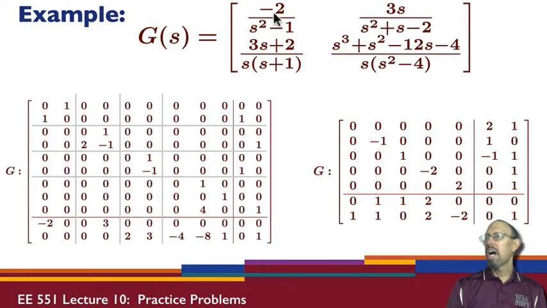Here I have a transfer function matrix, and I want to get a state model for this. And as we've seen, there is a direct method for getting a state model, and so this is the direct method. Or we can use Gilbert's realization, and this is how we would obtain it using Gilbert's realization.